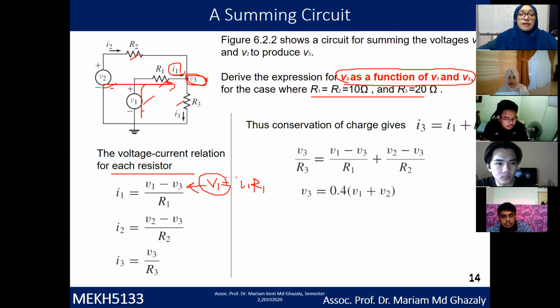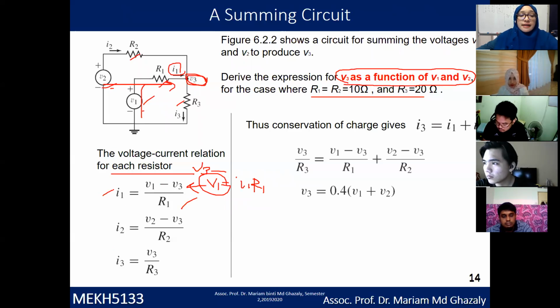And the voltage across here is actually V3 minus V1. So that's why you get the first equation here.